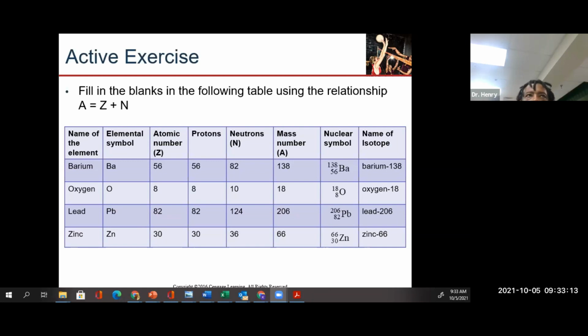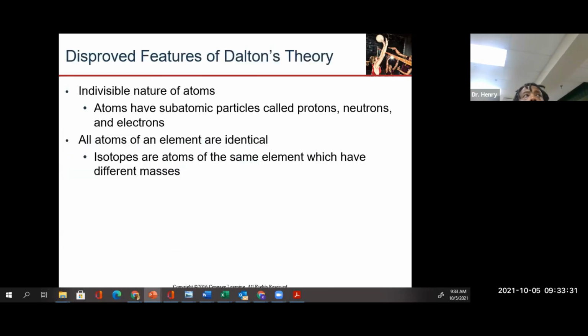Can the atom be broken down into smaller components? The answer is yes, because we have protons, neutrons, and electrons. So the atom is divisible because of the existence of protons, neutrons, and electrons.